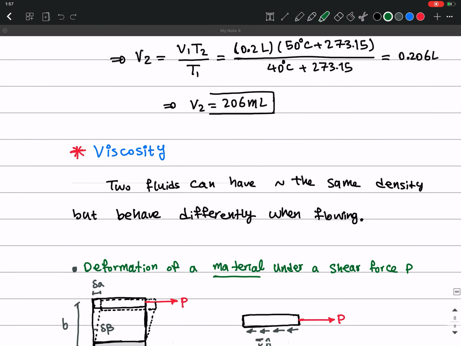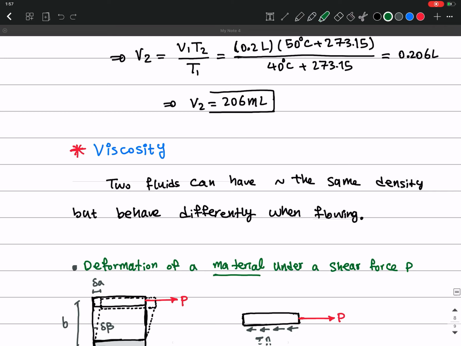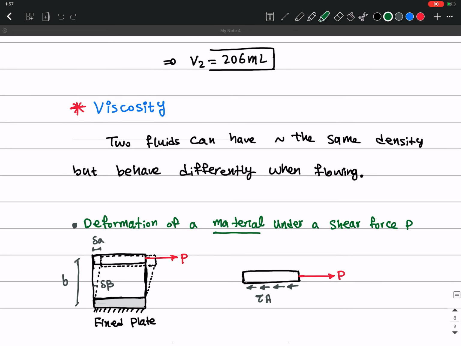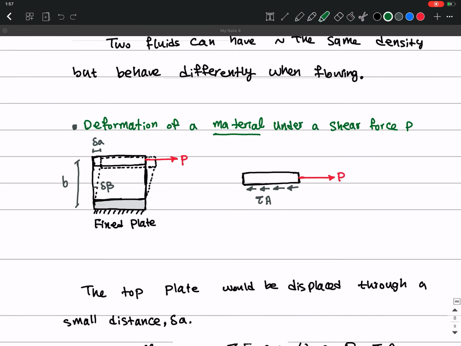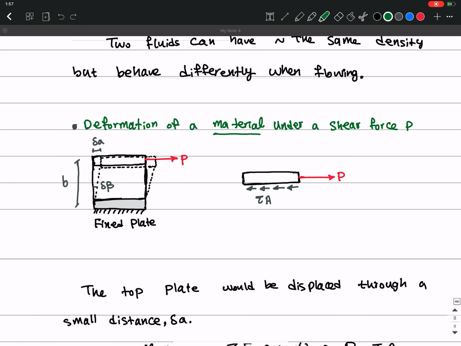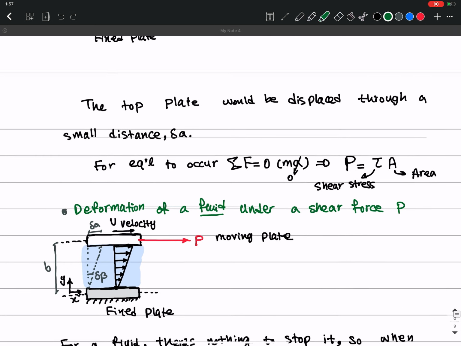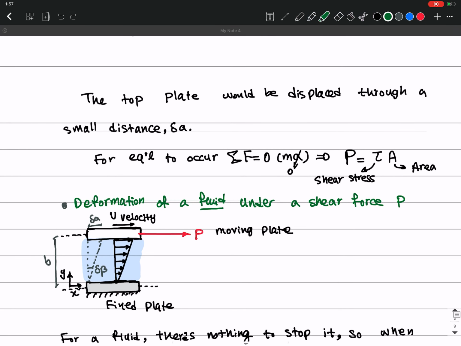And then we started the new topic on viscosity, in which we said that two fluids can have the same density but behave differently when flowing. And so we examined the deformation of a material under a shear stress force compared to deformation of a fluid under the same shear force.